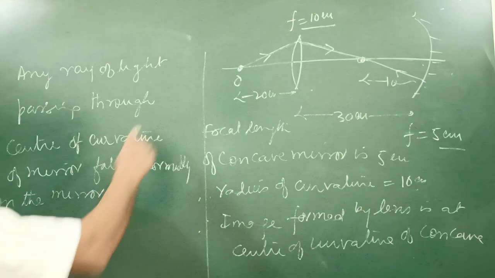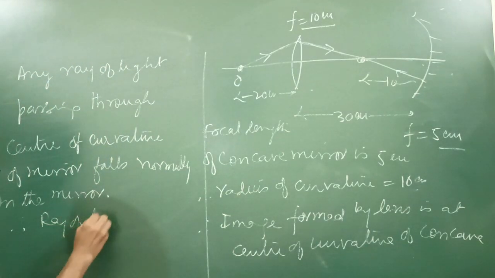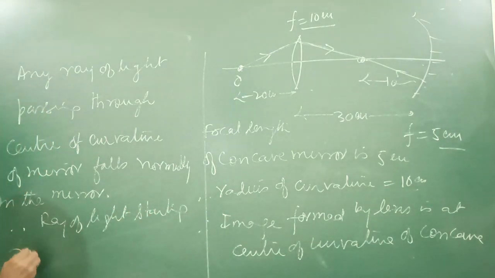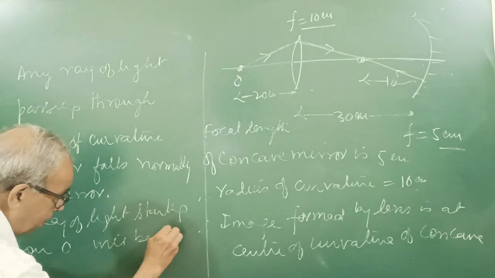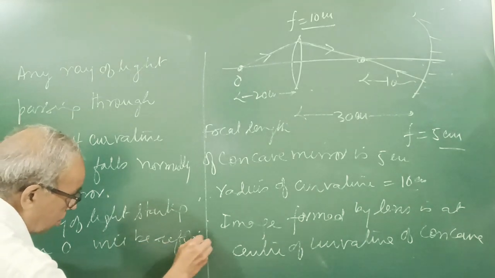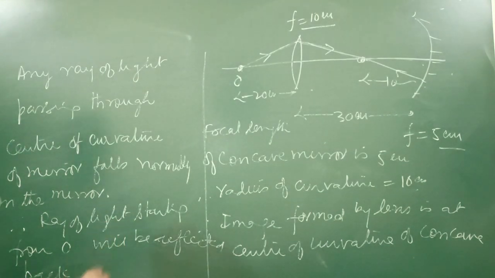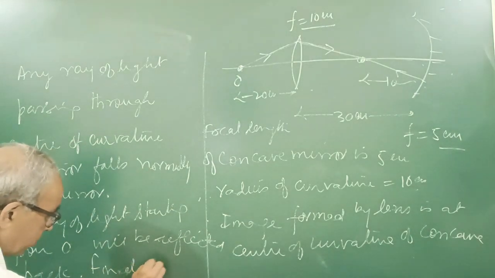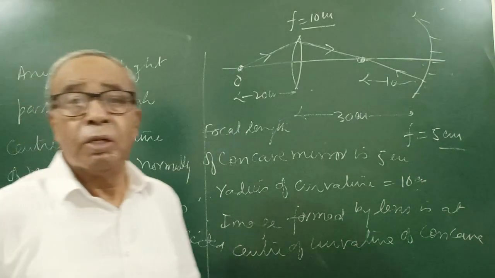Hence, the ray shown in the figure is reflected back and the final image will be at O. Hence, a ray of light starting from O will be reflected back and hence the image is at O. The final image is at O. So you have to understand.